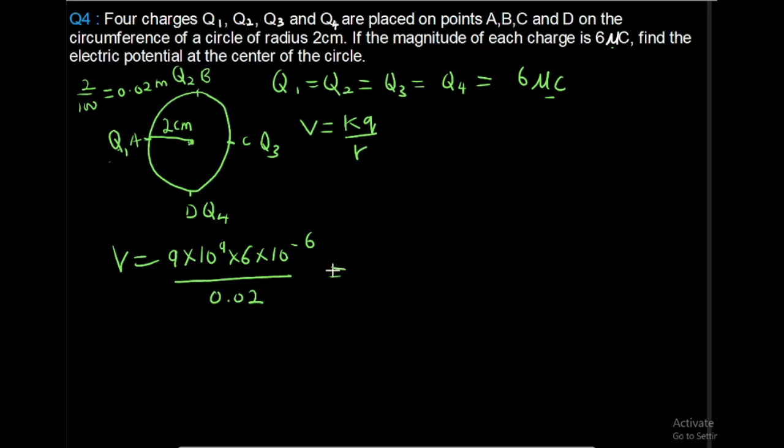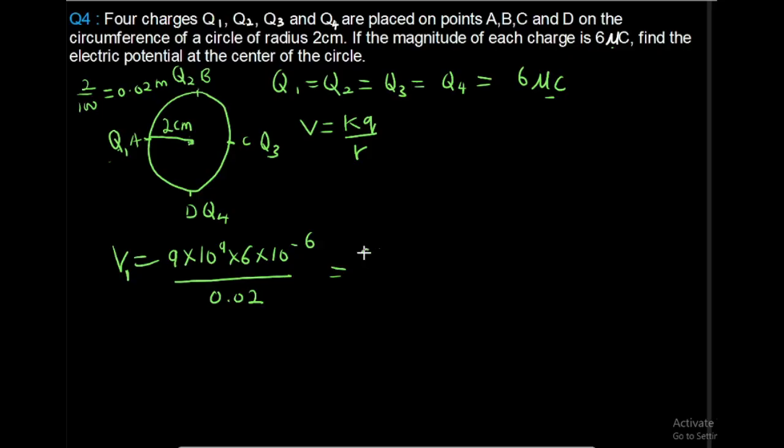So if we use our calculator to simplify it, we're looking for the potential of Q1, so we can label it as V1. So we have V1 equals, using our calculator, for the numerator, 9 times 10 raised to the power of 9 times 6 times 10 raised to the power of minus 6 all over 0.02.